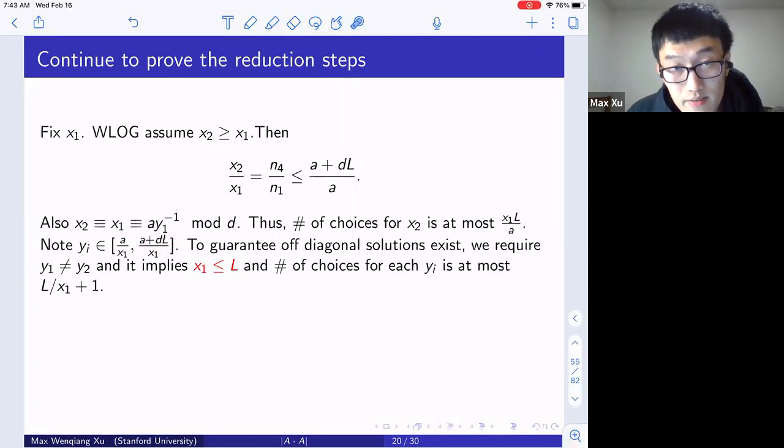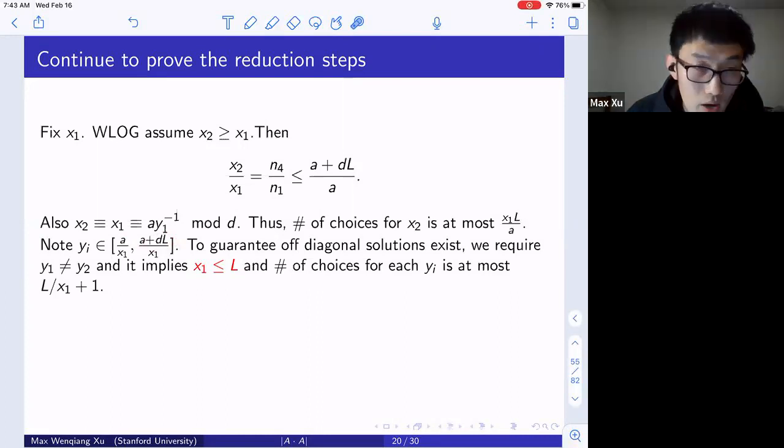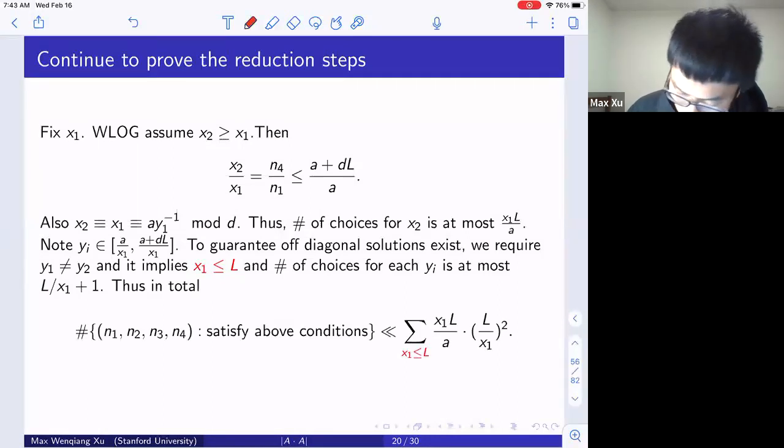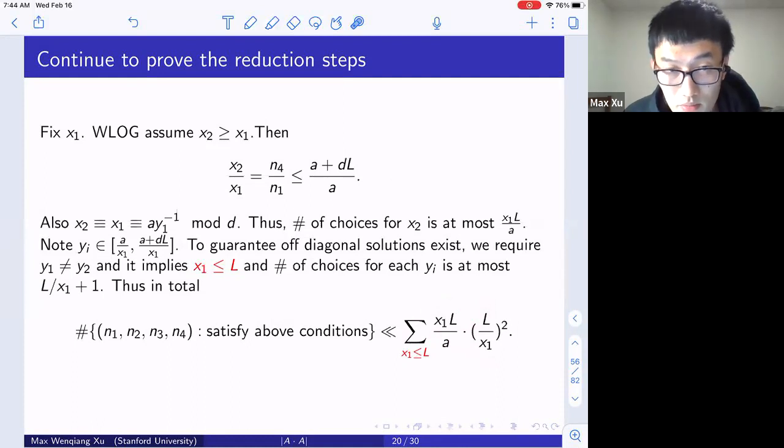To guarantee an off-diagonal solution exists, we must require Y1 and Y2 to be different. This gives a natural upper bound on the parameter X1, up to L. The number of choices for Yi is basically the total number of integers in this interval, and then by the congruence issue we divide by D. So roughly speaking, each Yi has L over X1 choices. So we put all of them together: sum over X1, the number of choices for X2, and the number of choices for Y1 and Y2, and that gives you what you want.